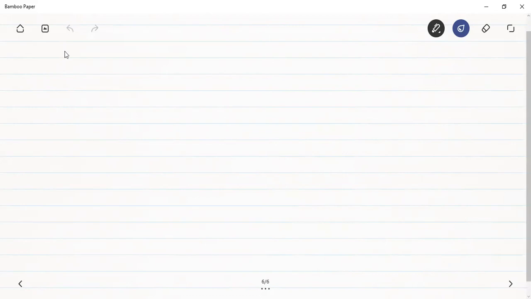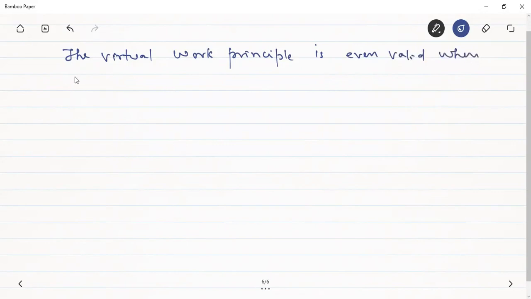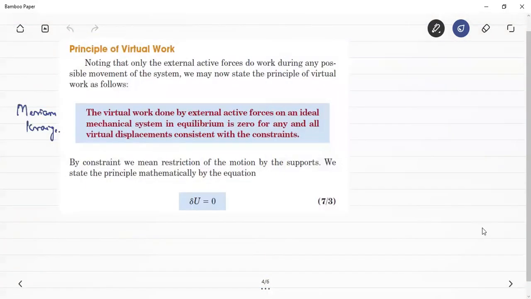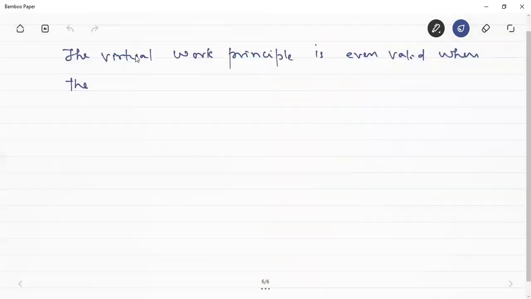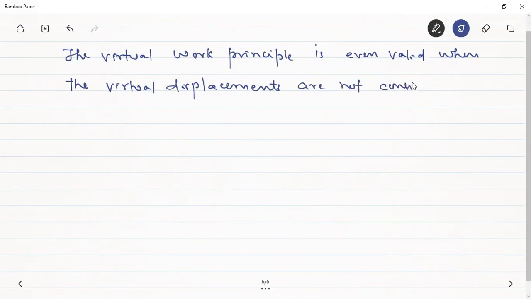The virtual work principle is even valid when the virtual displacements are not consistent with the constraints imposed by the supports.